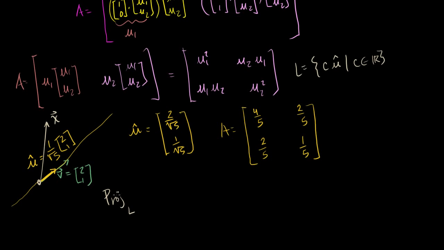That is our line L. The projection onto L of any vector x is equal to the matrix (4/5, 2/5; 2/5, 1/5) times x, which is a pretty neat result, at least for me, because we once again reduced everything to just a matrix multiplication. So if you take this x and multiply it by this matrix, you're going to get its projection onto the line L.